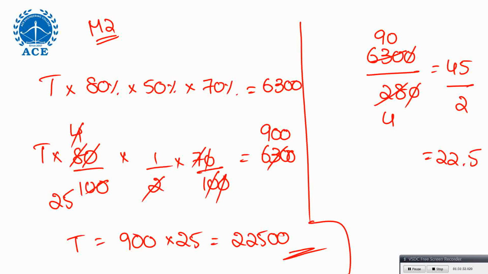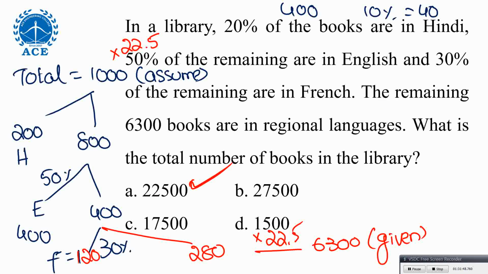Next, why 70? 30% allocated to French, leftover is 70%. They said 6,300 is leftover. So in each one, I am taking the left part. Finally, if you solve, we get 22,500. If you feel difficulty in that equation, assume something as the total and keep proceeding.